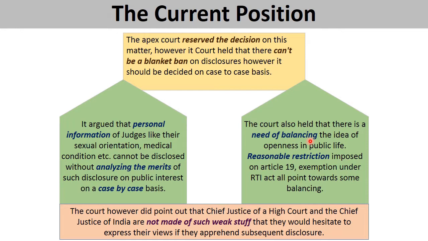Absolute openness cannot be guaranteed, because you never know what will happen in absolute openness. Everyone has some private information related to them which they don't want to be disclosed, and which is not necessary to be disclosed in public interest. Even Article 19 has reasonable restriction. RTI Act has some exemptions. So there is a need to balance, and thus we cannot go for absolute openness in disclosing such information.